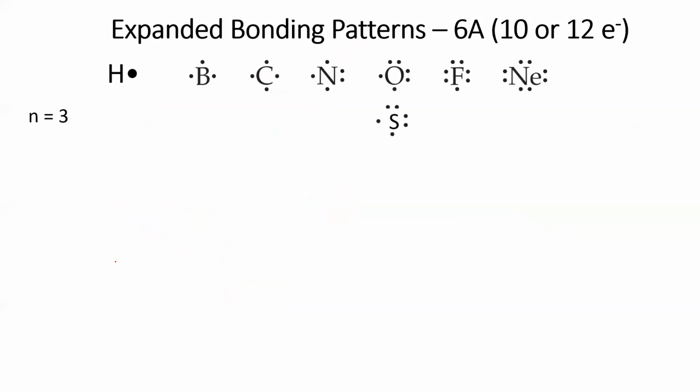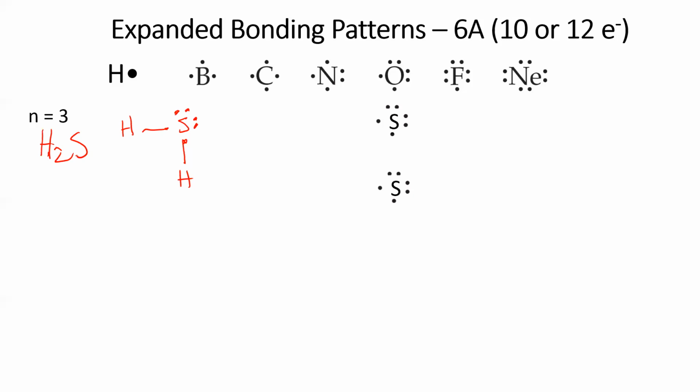Again, sulfur is in principal quantum number 3, but it can be happy just having an octet. So it has 6 valence electrons, but it wants 8. So it might do what? Form 2 bonds with hydrogen, and we see that with hydrosulfuric acid.